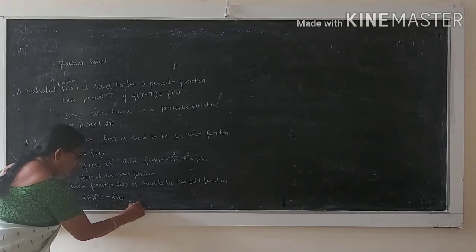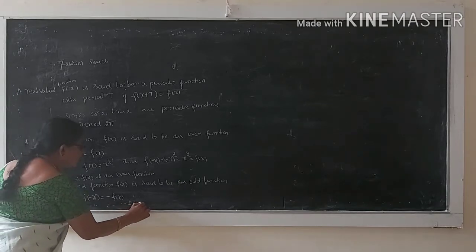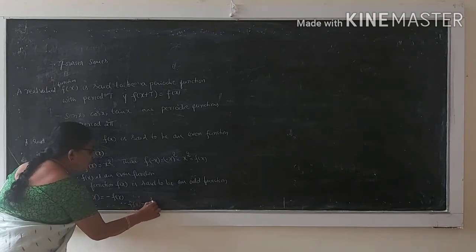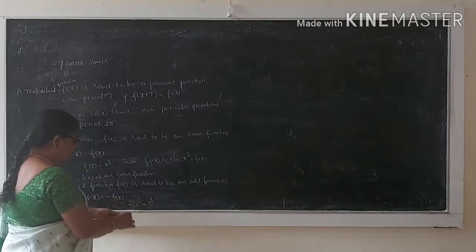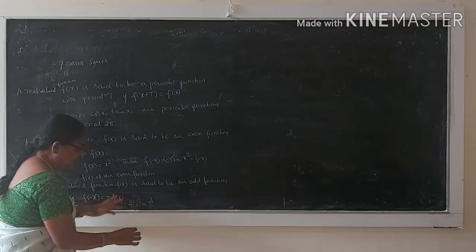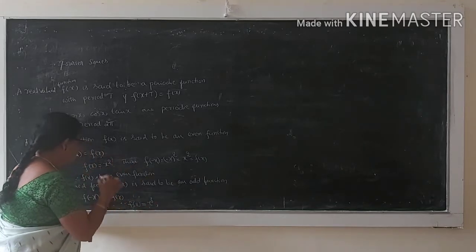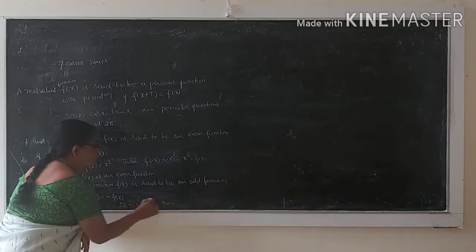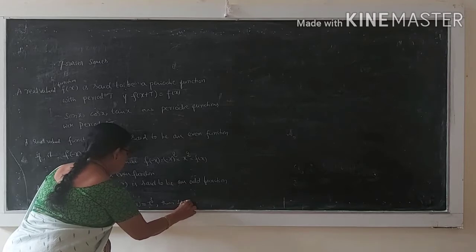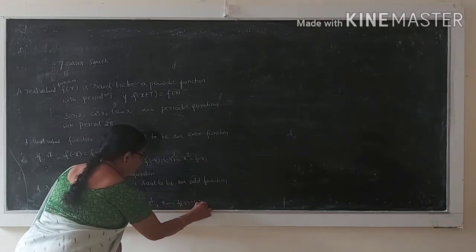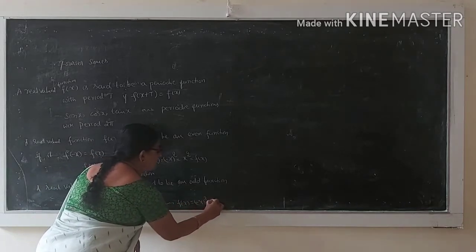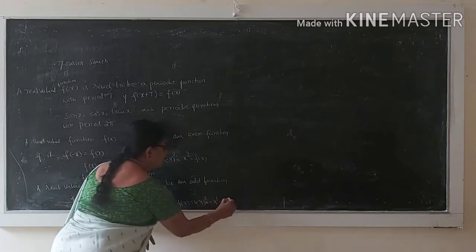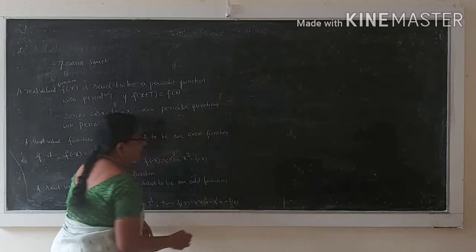Consider an example like this: f of x is equal to x cube, defined for all real values of x. Then f of minus x is equal to minus x whole cube, which is minus x cube, which can be replaced by minus f of x.